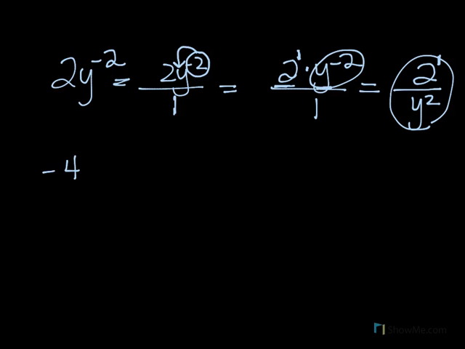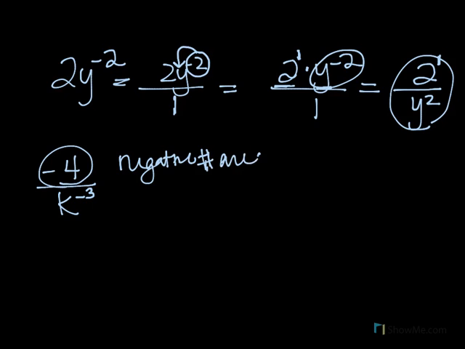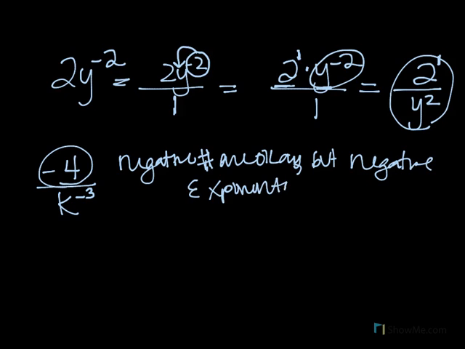If you have a problem like this, negative 4 over k to the negative third. Negative numbers are okay, but negative exponents are not okay.